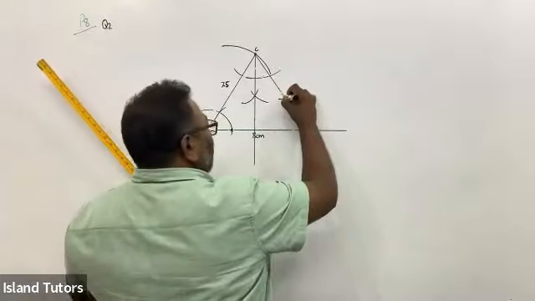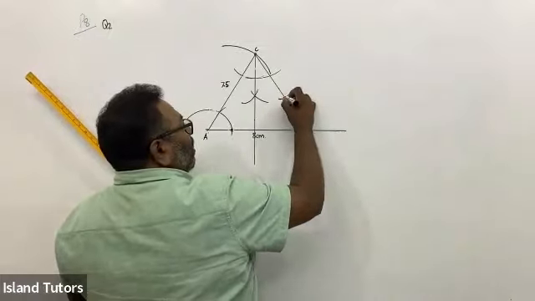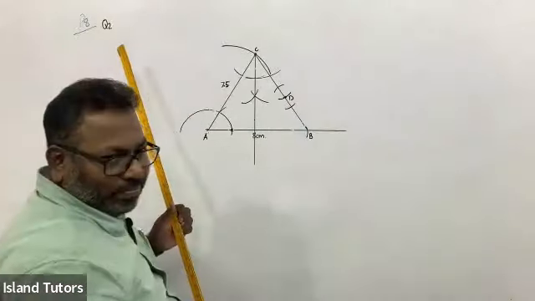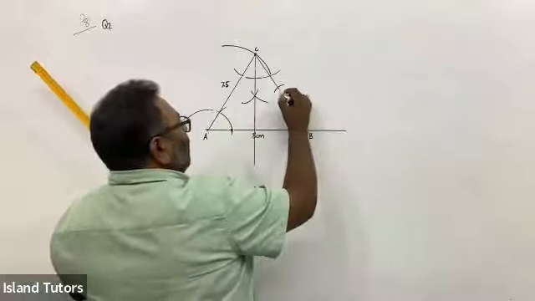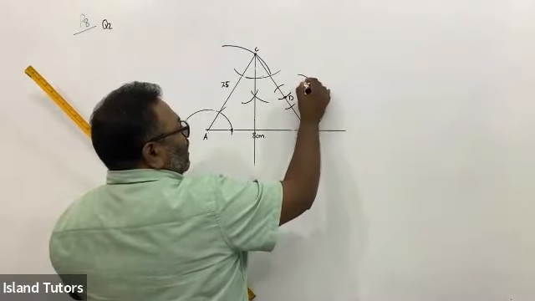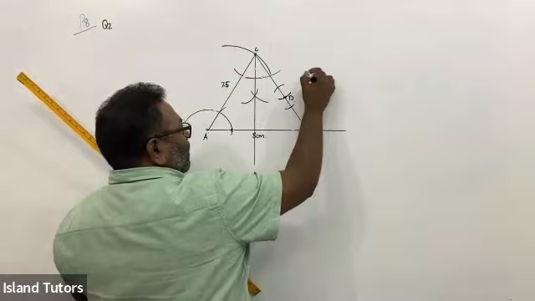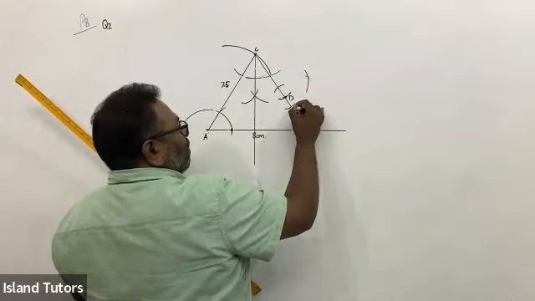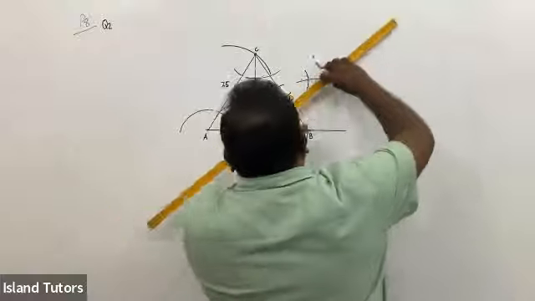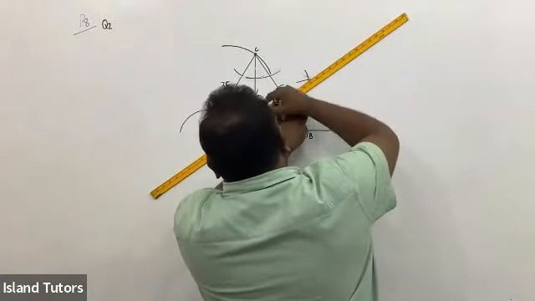So how do you draw a perpendicular to D? Keep it on D, draw an arc here, draw an arc here, right? Then keep it on this intersection, draw an arc here, keep it on this intersection, draw an arc here, keep it on this intersection, draw another arc here, and run a straight line through like this.